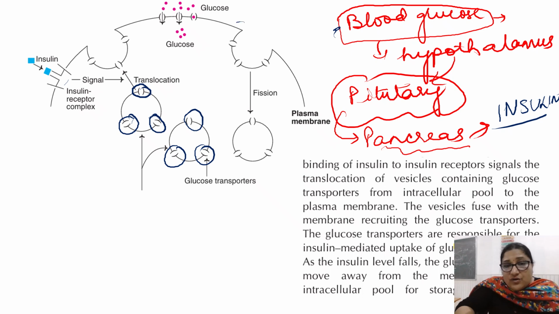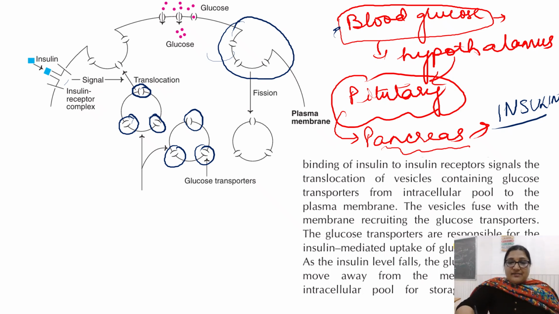The vesicle fuses with the plasma membrane, and here you can see that the glucose transporter is dragging in the glucose. Once it brings the glucose inside the cell, then what will happen?